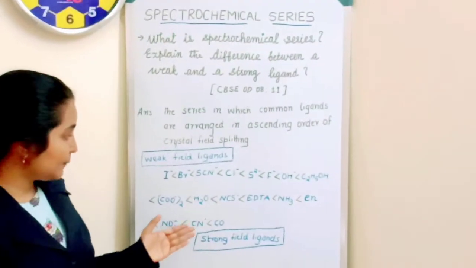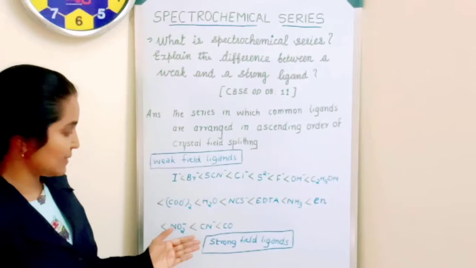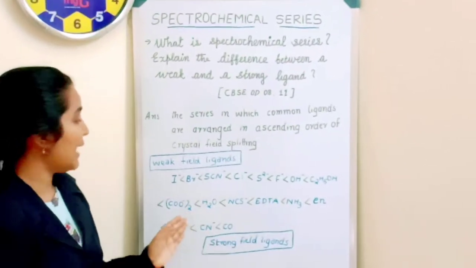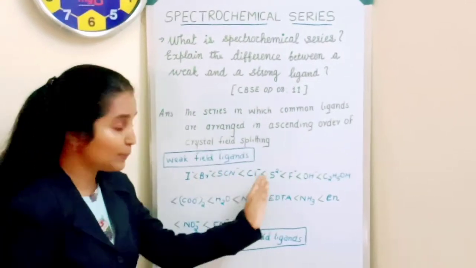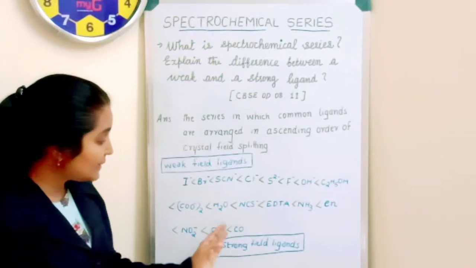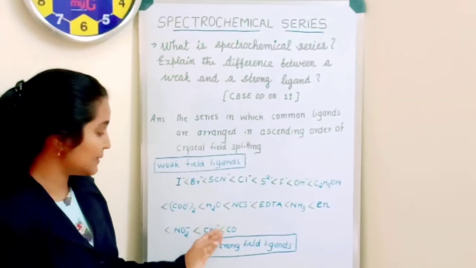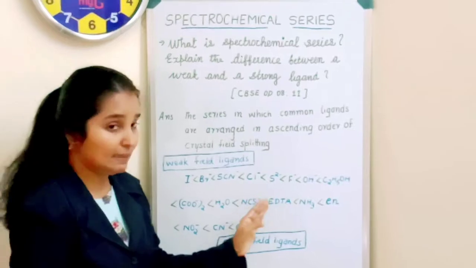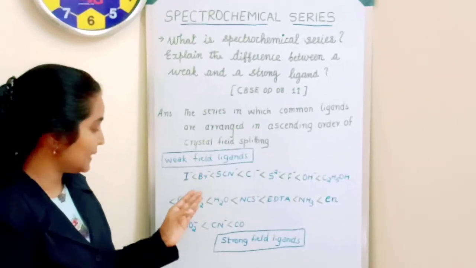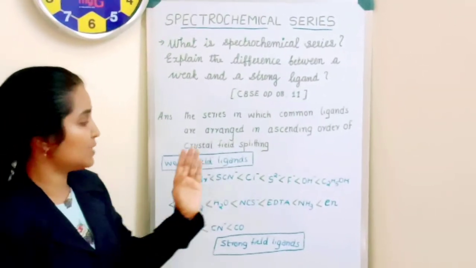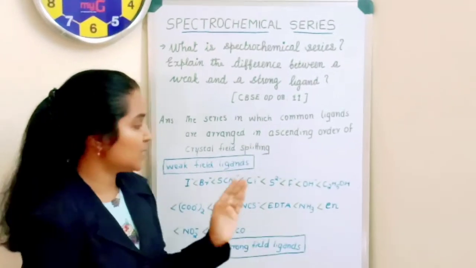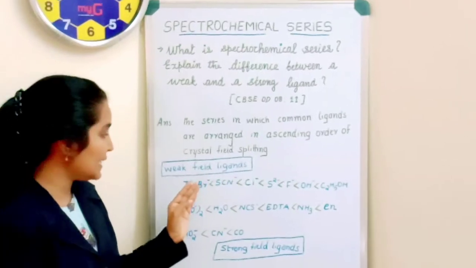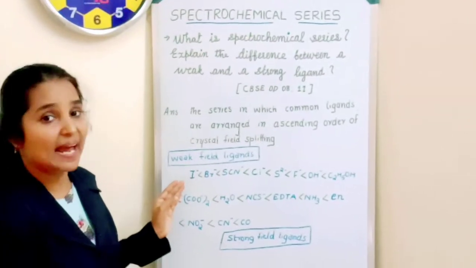You can see here, according to the spectrochemical series, we have the strong field ligands at the end of the series and weak field ligands at the beginning of the series. So it starts from here: CO, CN⁻, NO2⁻, en, NH3, EDTA, NCS⁻, H2O, C2O4²⁻, C2H5OH, OH⁻, F⁻, S²⁻, Cl⁻, SCN⁻, Br⁻ and I⁻.